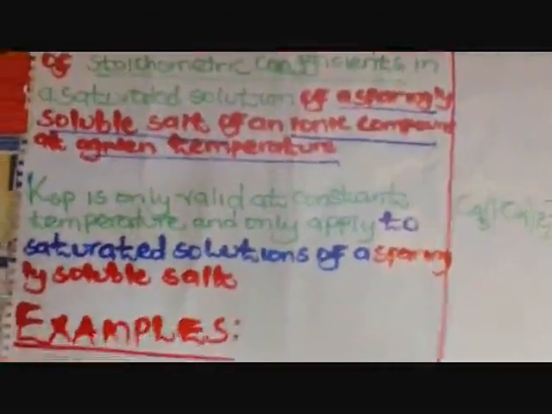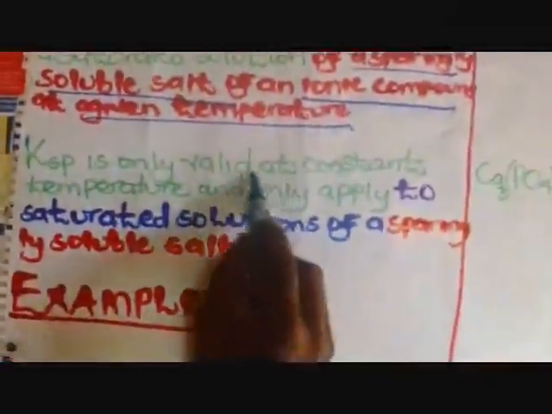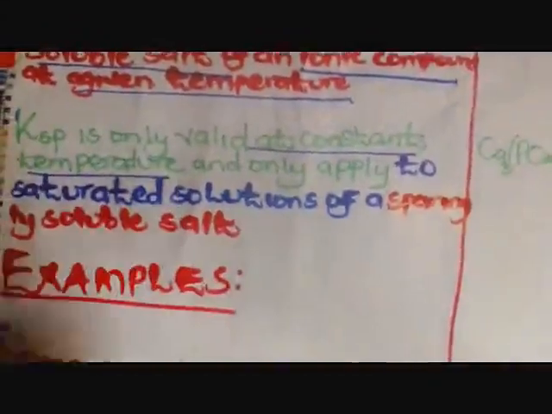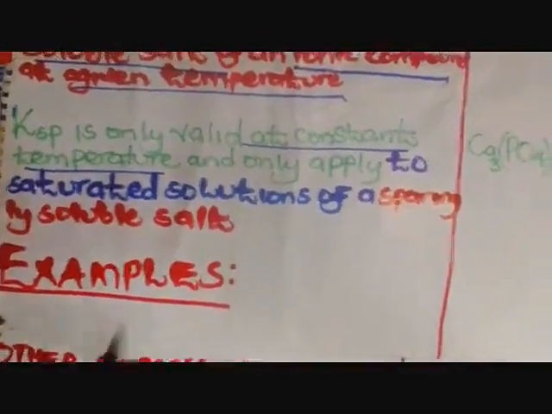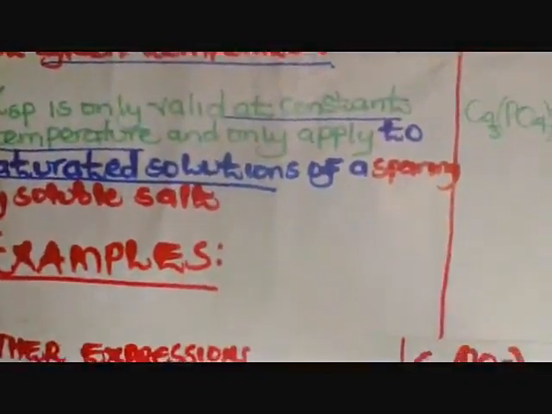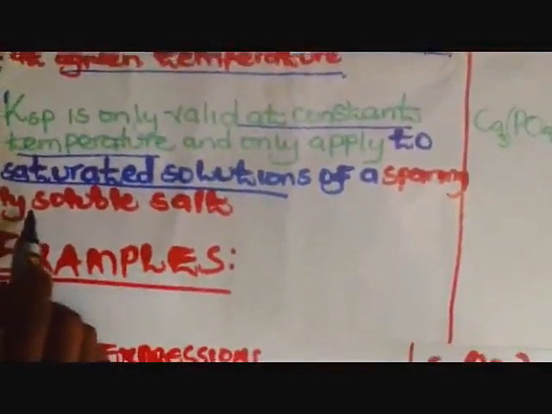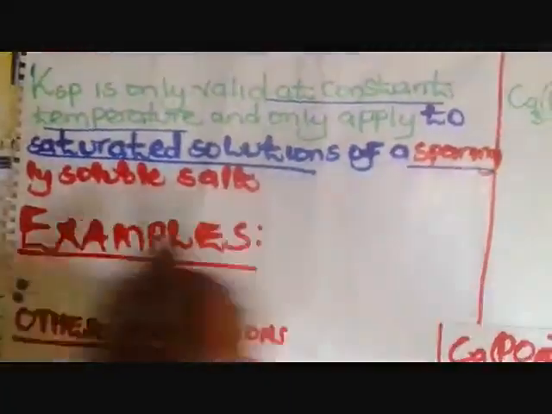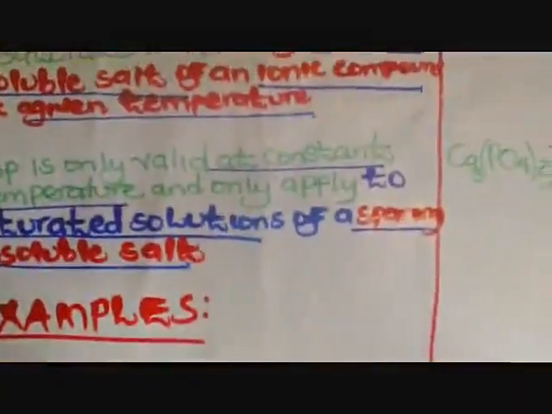So that one can only be valid if it is being done at constant temperature, and it only applies to solutions that are saturated, as well as the salt being sparingly soluble. So they can ask you, when does the Ksp become valid?